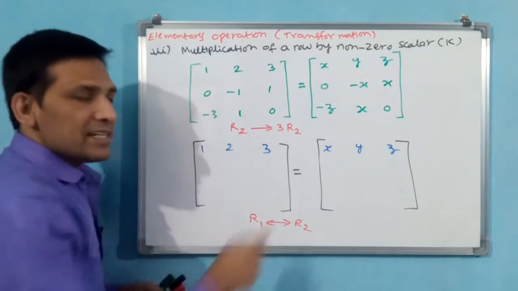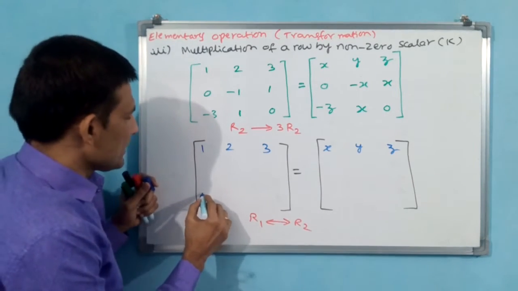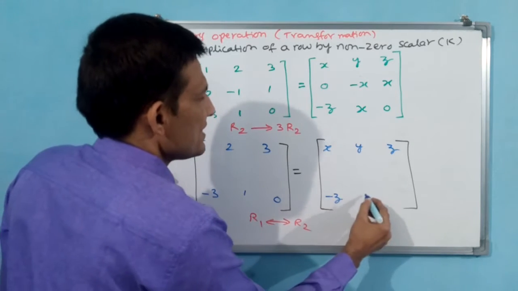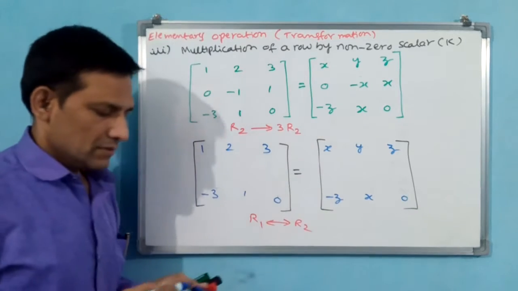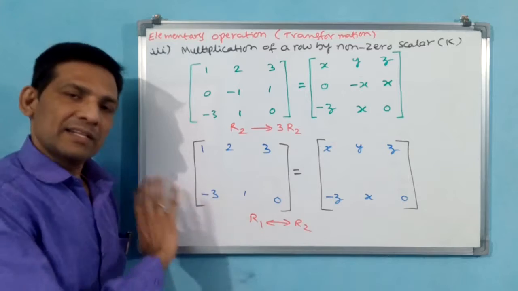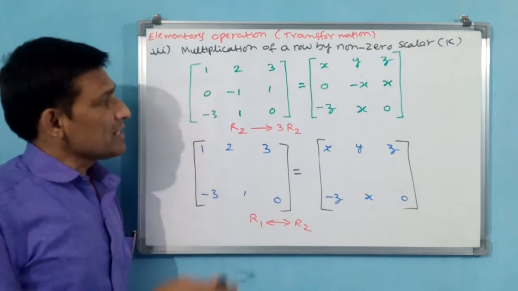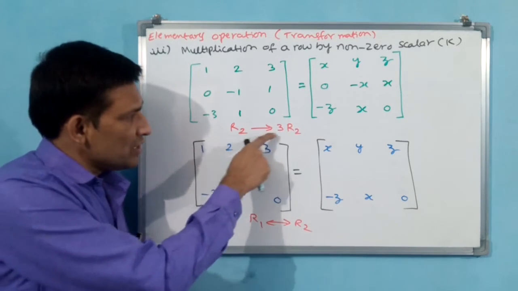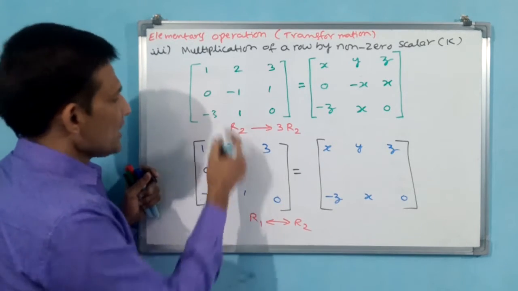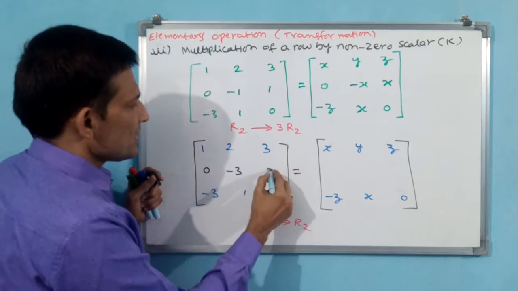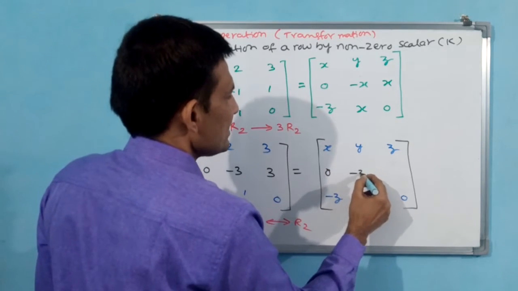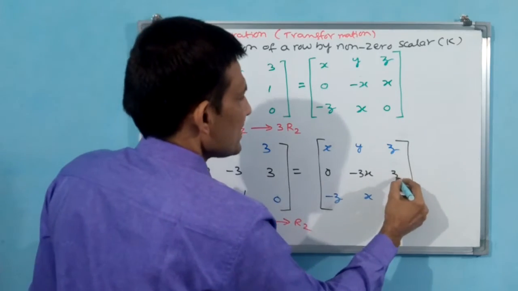Is there any change in R3? No, so you copy R3: -3, 1, 0, minus Z, X, 0. There is no change in R1 and R3, which is why you have written them intact. But what is the change in R2? R2 changes to 3R2, so you do 3 times R2. 3 times 0 is 0. 3 times minus is -3. 3 times 1 is 3. 3 times 0 is 0. 3 times minus x is minus 3x. 3 times x is 3x.